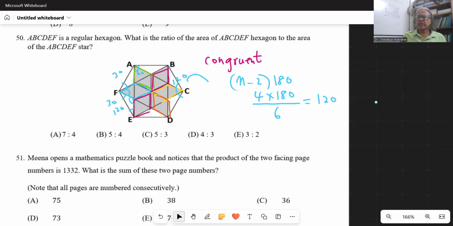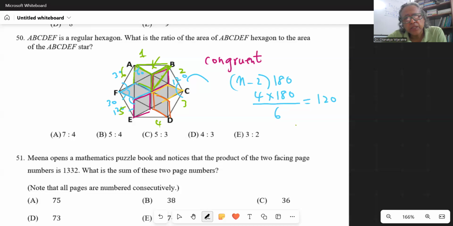So you should be able to see that this part is actually half of this rhombus. I said that this star is made of rhombuses, and this is half of this rhombus. So how many halves are there? We have 6 halves, 1, 2, 3, 4, 5, 6 halves.